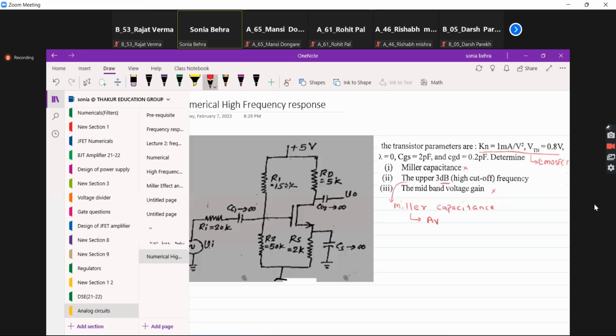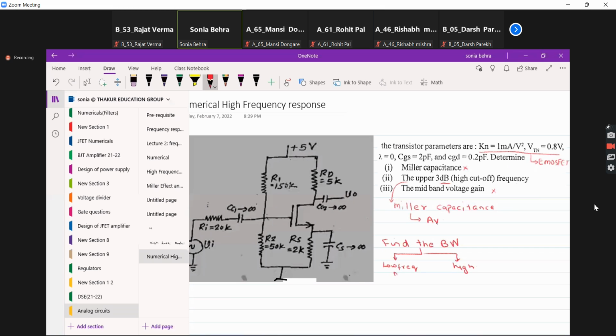In some questions, they can ask you to find the bandwidth. If you are asked to find the bandwidth, you have to remember that you have to do the low frequency analysis also, and the high frequency also.